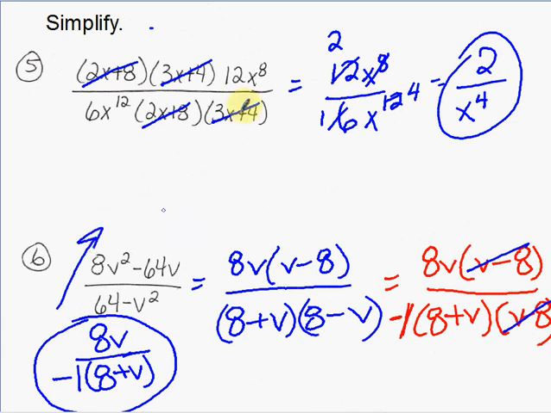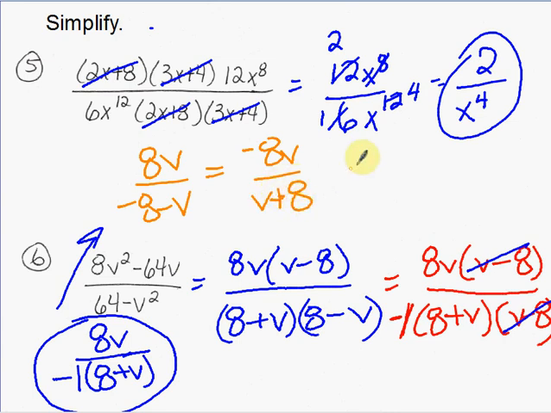Up here, let me show you some alternate ways of writing the answer that would be equally acceptable. I could distribute the negative 1, and that would give me a negative 8 minus v. I could also put the negative up with the 8v, just say negative 8v over v plus 8. Notice I didn't change the signs in the denominator there.